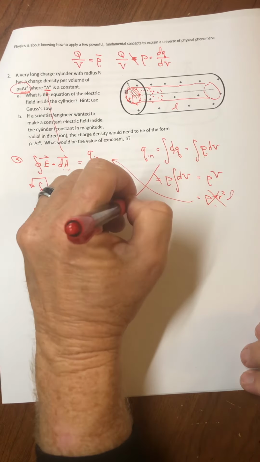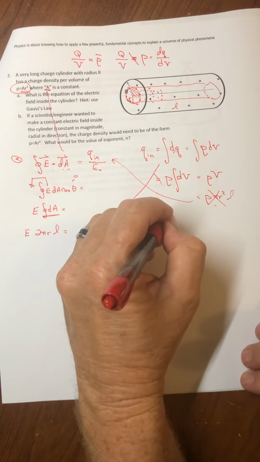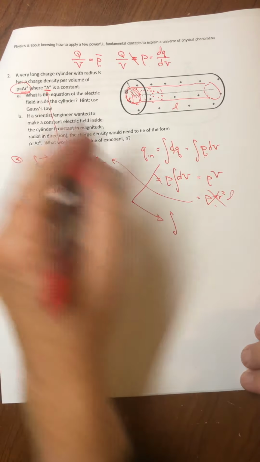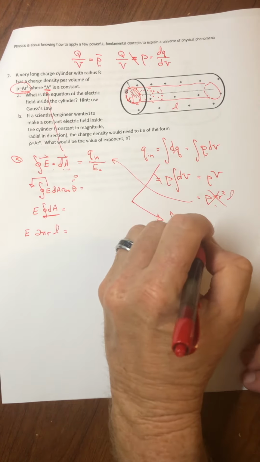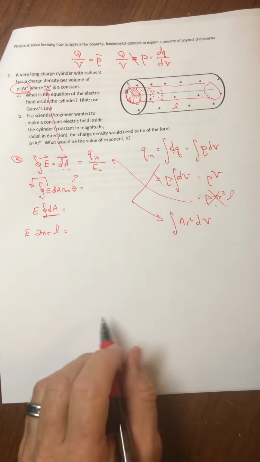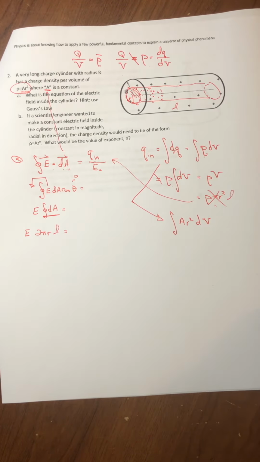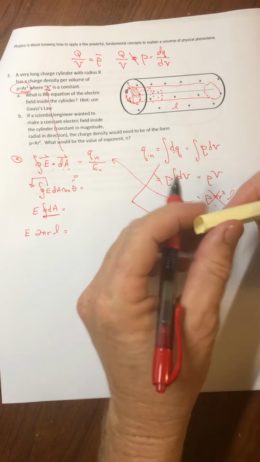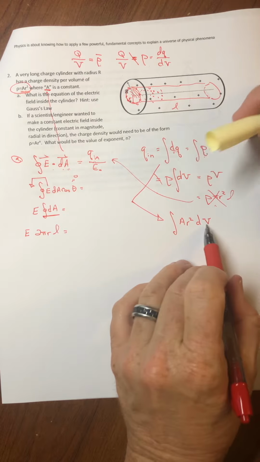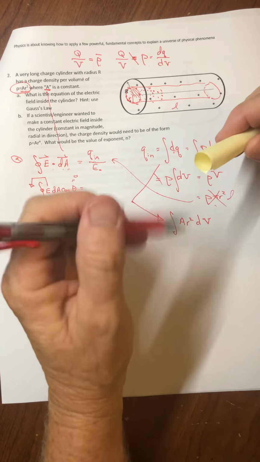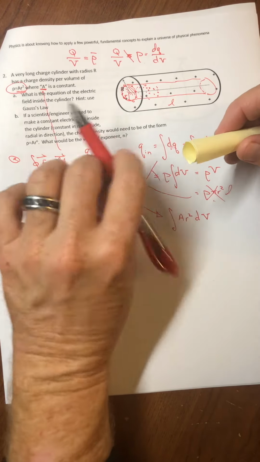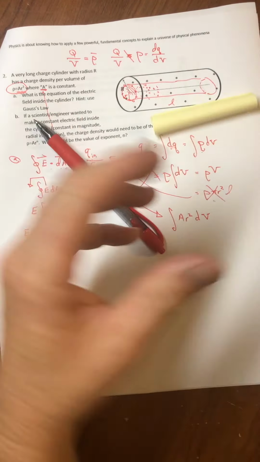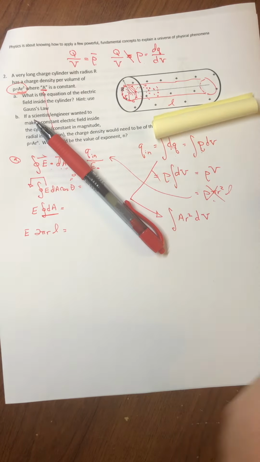Okay, but what I can do is put in the equation for the density and then start to do the integral. Here I can realize that if I'm looking at the volume within this Gaussian surface, I could think of this as just a bunch of shells wrapped together.